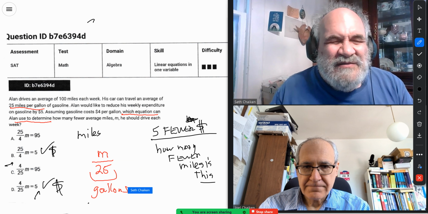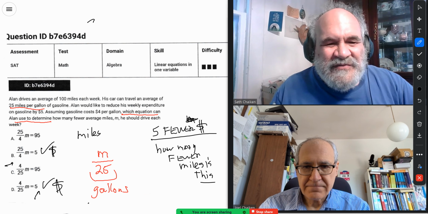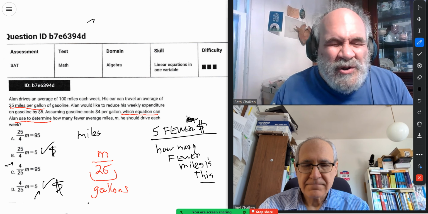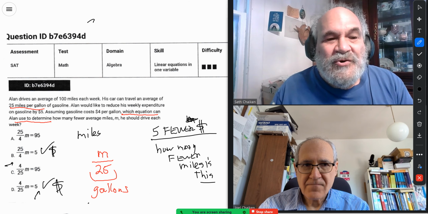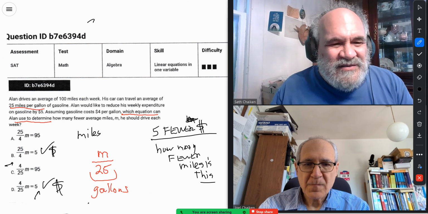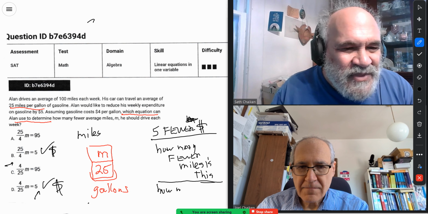So if he saves M, he drives 5 fewer miles, he will use M divided by 25 fewer gallons. But his goal is to save dollars. So this is the amount of gallons he would save. We want to convert that to dollars.